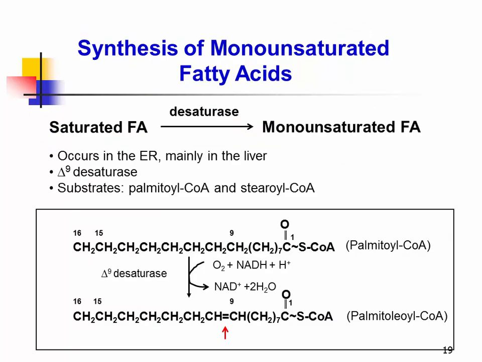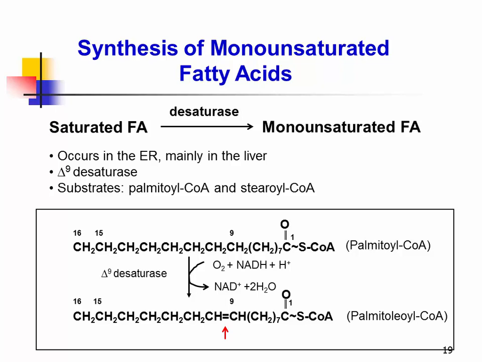Since this is a monounsaturated fatty acid, we know that many other fatty acids can have a different number of double bonds, the unsaturated fatty acids. Monounsaturated fatty acid means the fatty acid has only 1 double bond. How is this synthesized?